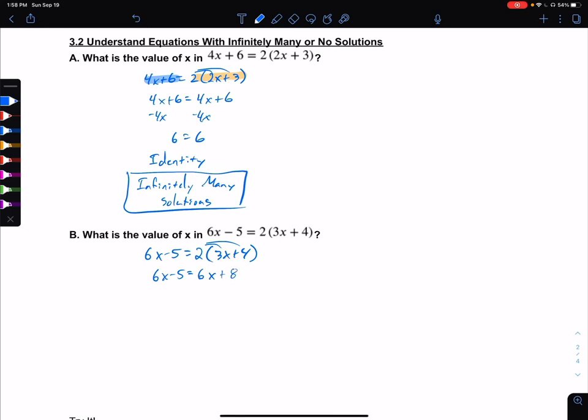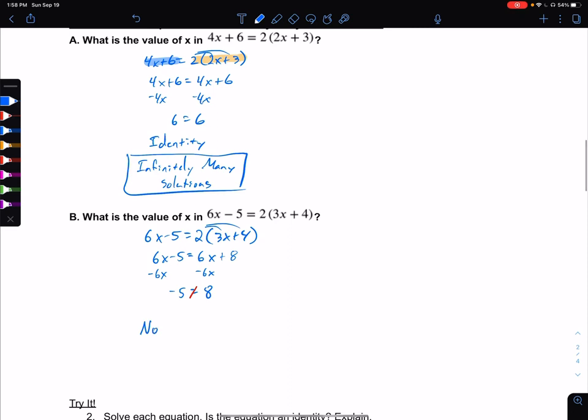Now this time, again, I'll try to move the variables all to the left, so I'll undo operations by subtracting 6x. And I'm left with negative 5 is equal to positive 8. Well, that doesn't make any sense. Negative 5 is not equal to positive 8. So since they're not equal, there's no solution.